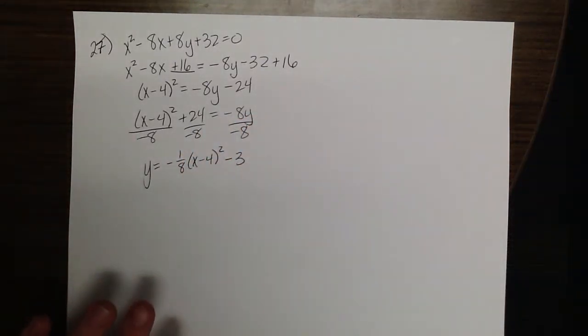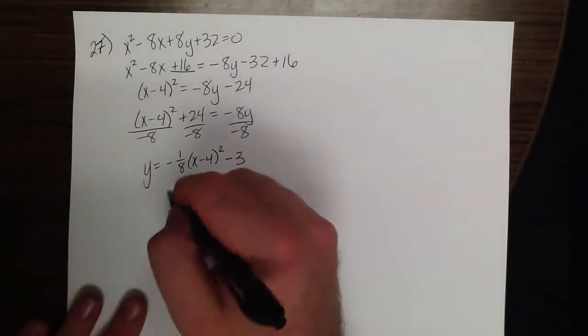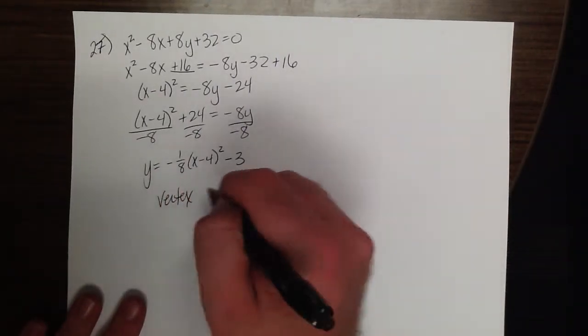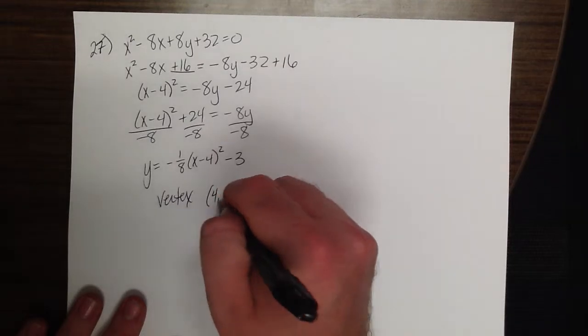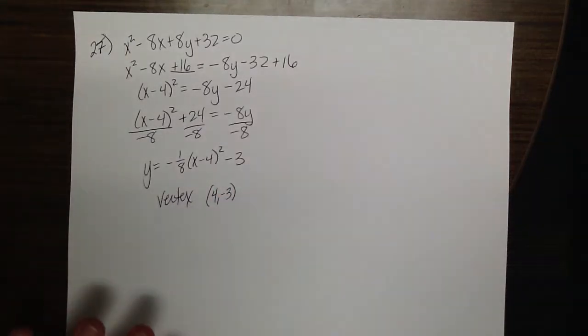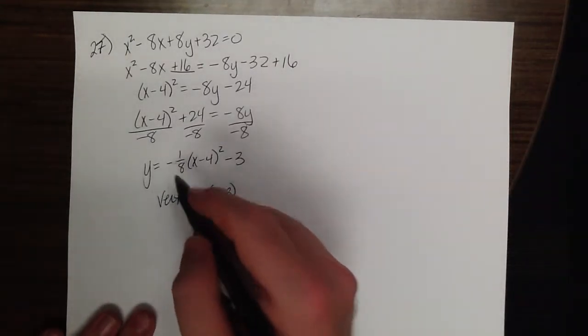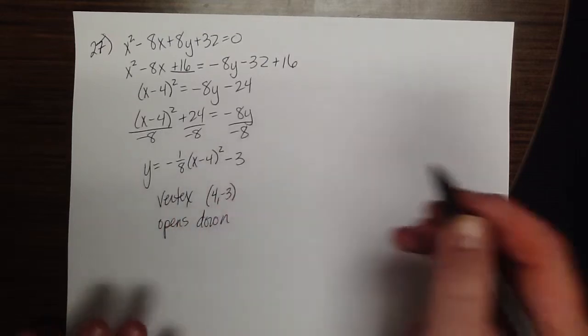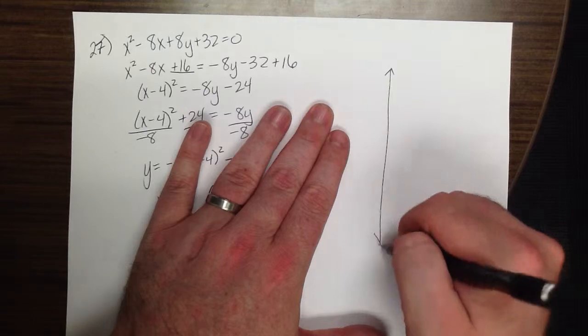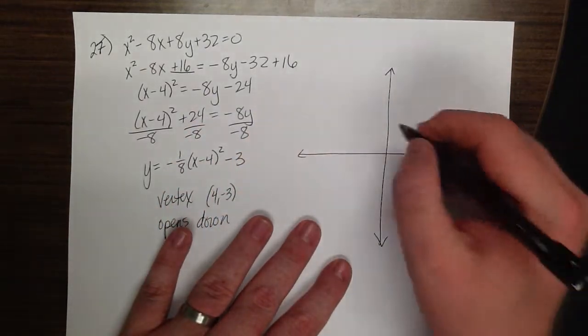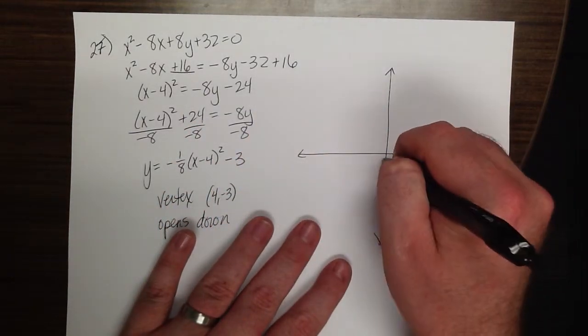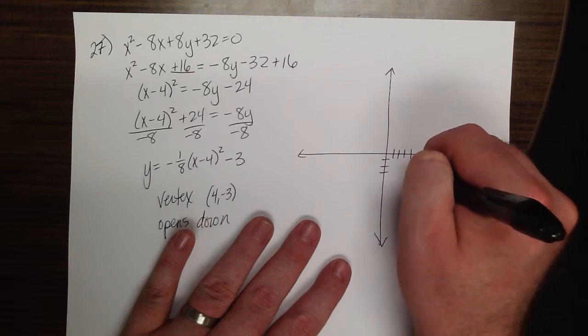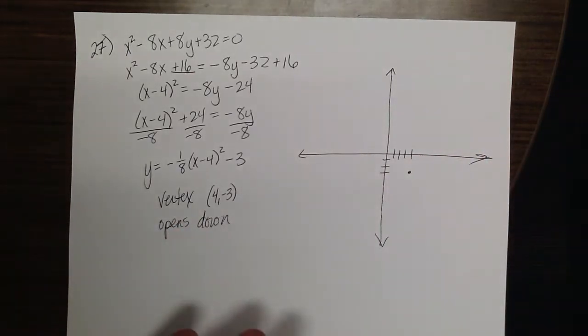So there it is in standard form. So the vertex is at (4, −3). Since a is negative, it opens down. So (4, −3). It opens down from there.